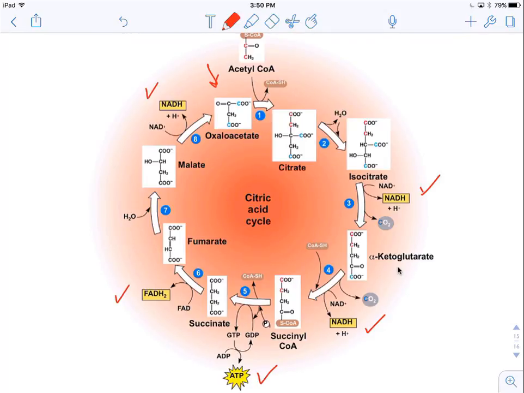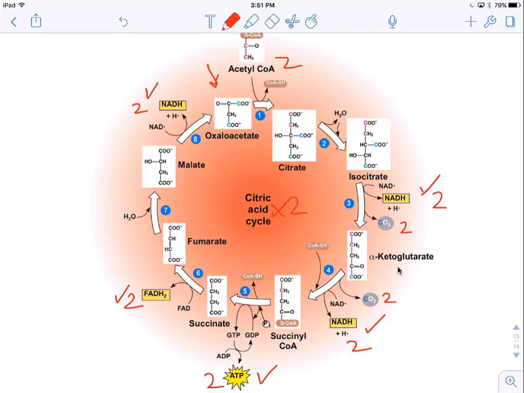Okay. So again, over the course of the cycle, remember this goes around twice because there are 2 molecules of acetyl-CoA that get fed in. So we produce 2 NADH in this step and 2 molecules of carbon dioxide, 2 molecules of CO2 there, and 2 NADH, 2 total ATP, 2 FADH2, and 2 NADH there.